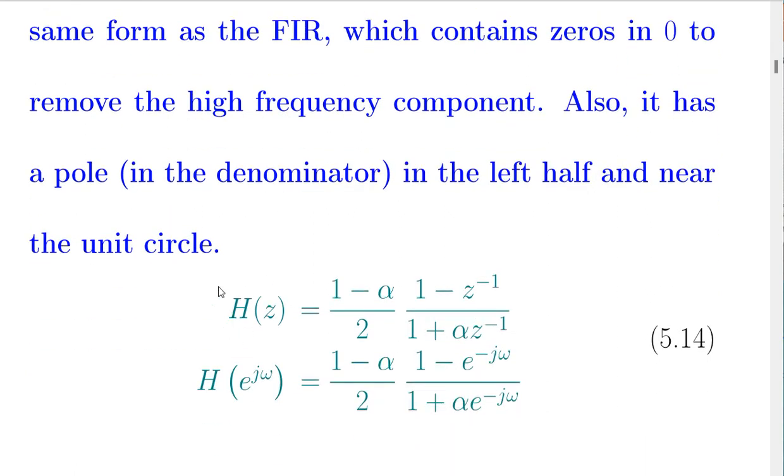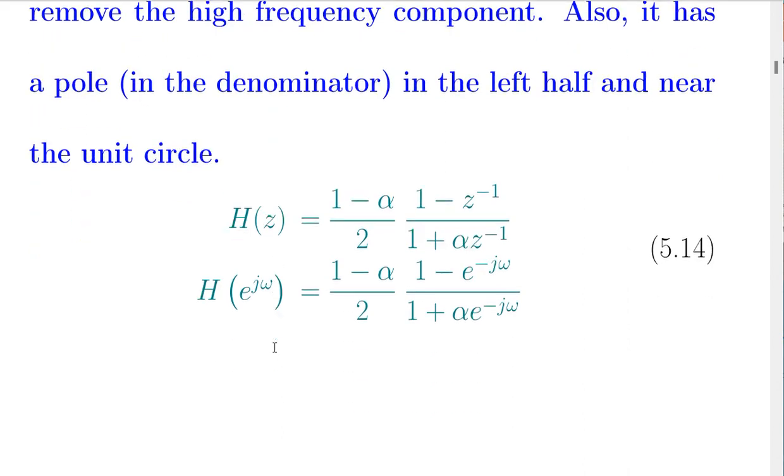The form will be H of z is equal to (1 minus alpha) over 2 times (1 minus z to the power of minus 1) over (1, this time plus, not minus, plus alpha times z to the power of minus 1), or H of omega is equal to half (1 minus alpha) times (1 minus e to the power of minus j omega) over (1 plus alpha times e to the power of minus j omega).